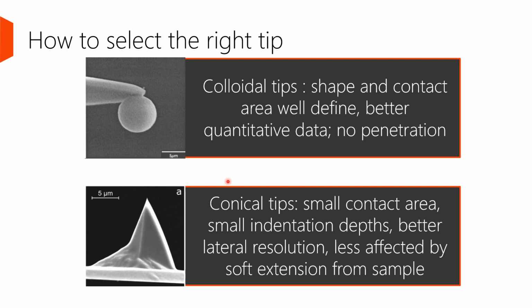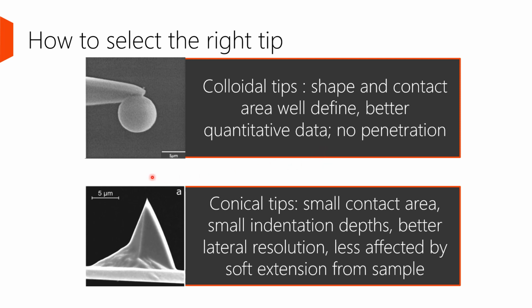So the advantage of the colloidal tip is that the shape and contact area is basically well defined. Because this kind of tip, this sphere, is actually easier to manufacture, and the dimension of the tip is well defined. So with the colloidal tip, we can have better quantitative data.